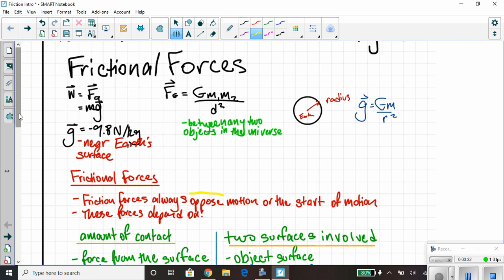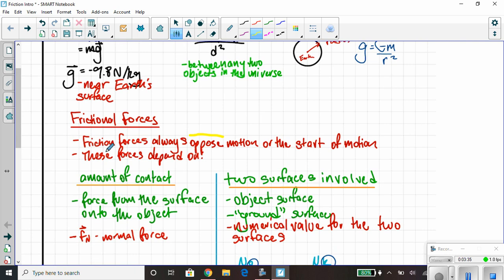Now, what do these frictional forces depend on? Well, they depend on two things. The amount of contact between the object and the surface that the object is on. So how much force is the surface giving to the object on that surface?